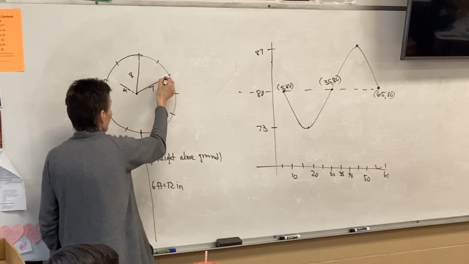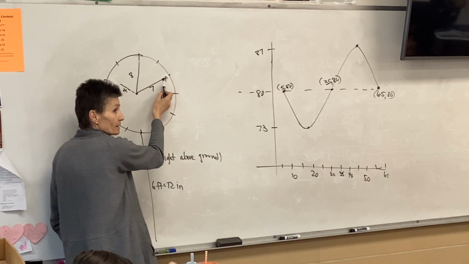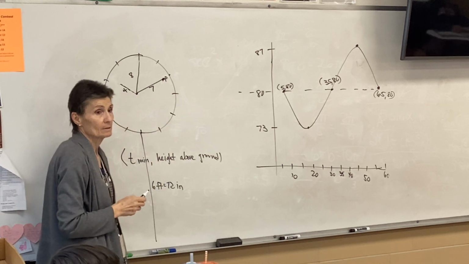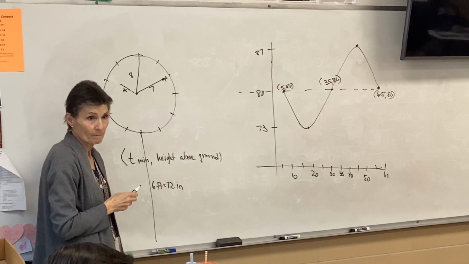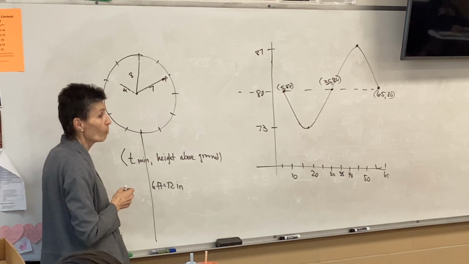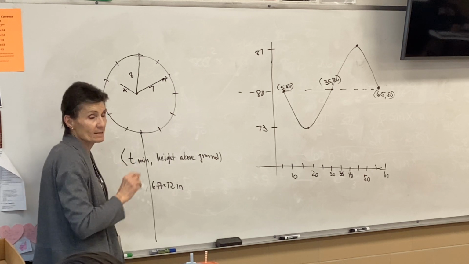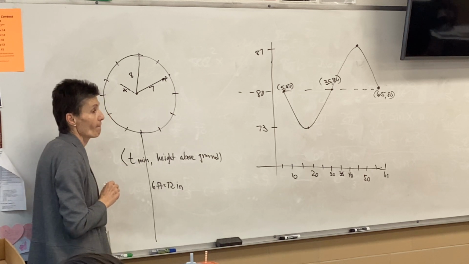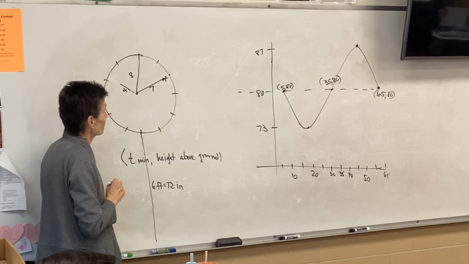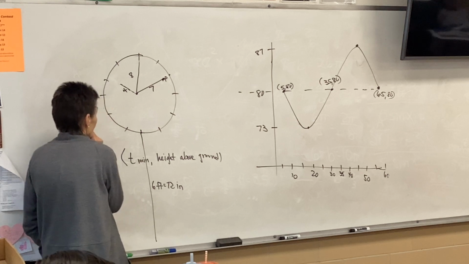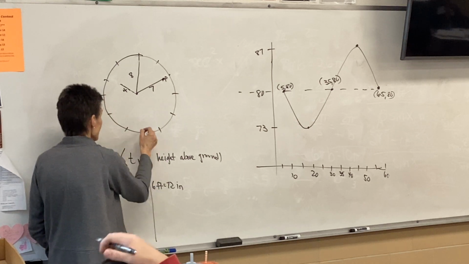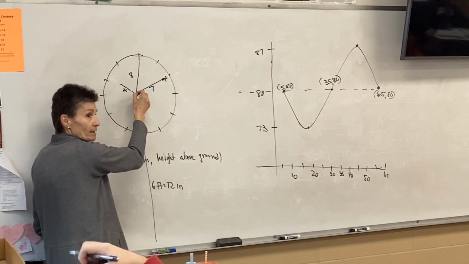Okay, next page. What is the height of point P at time 0? Now, this point right here is time 0, right? The beginning of the problem. How high is point P? This is a little bit twisted. We know that this is 72 and this is 8, right?